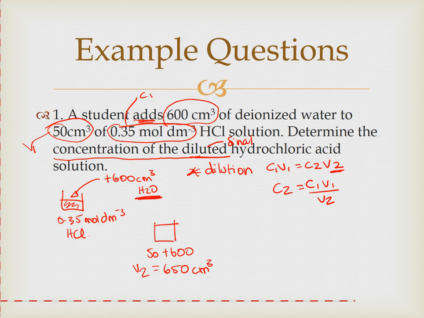You always need to make sure that you're looking for the terms added to or made up to, because added to means I bring the volumes together. Made up to means that our final volume is that value. In this case we've had added to, so V2 is 650. C2 equals C1, which was 0.35, multiplied by V1, which is 50, divided by 650.